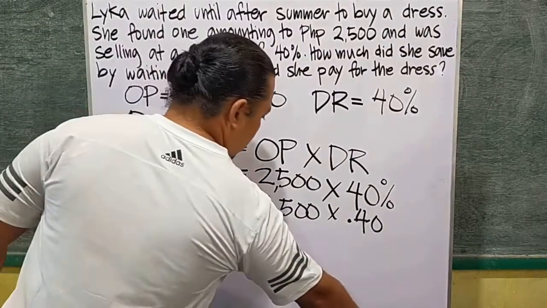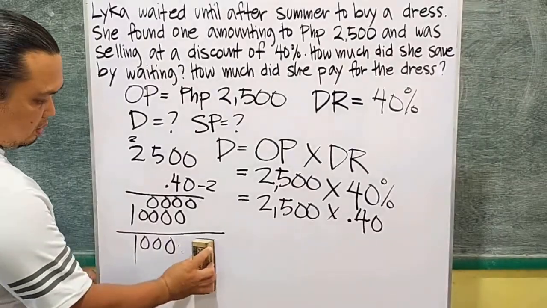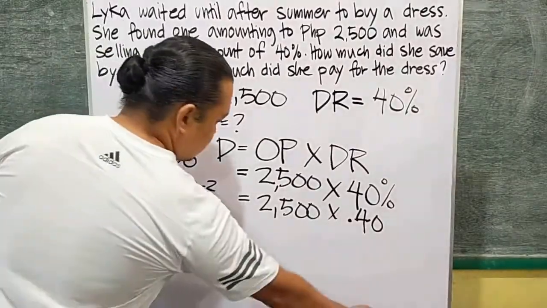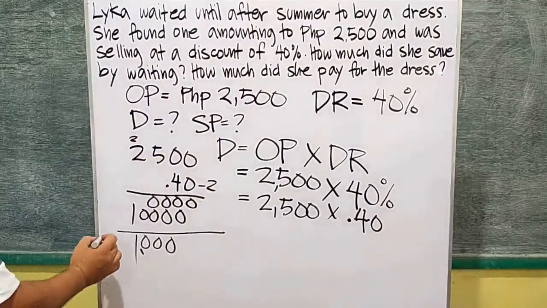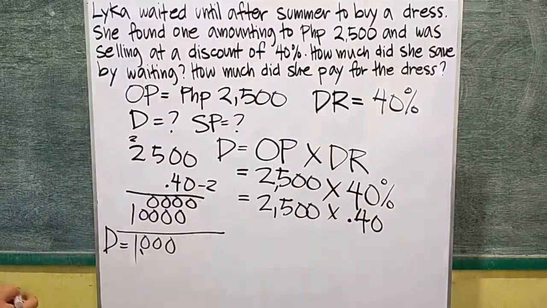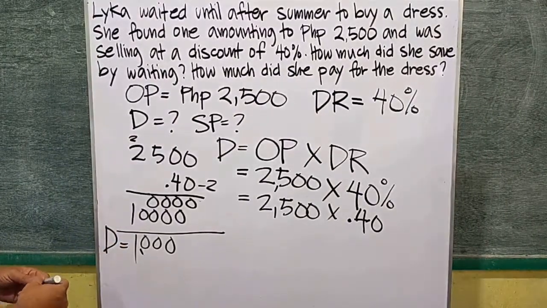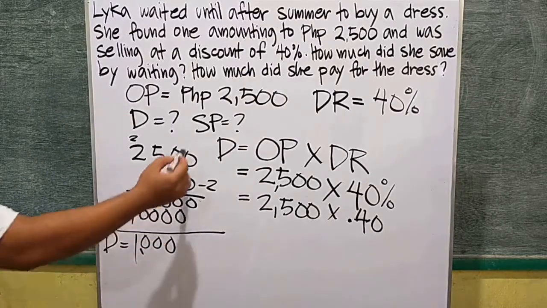So for our whole number, that's 1,000. Meaning to say, that's our discount. The discount is 1,000 Philippine pesos.